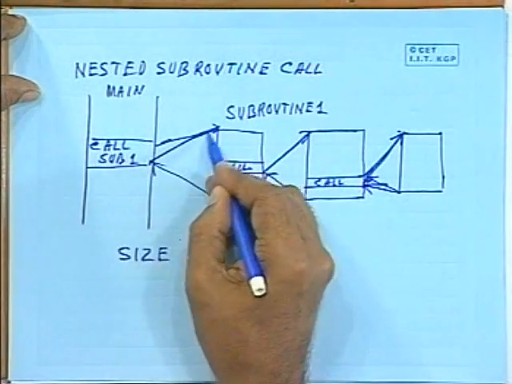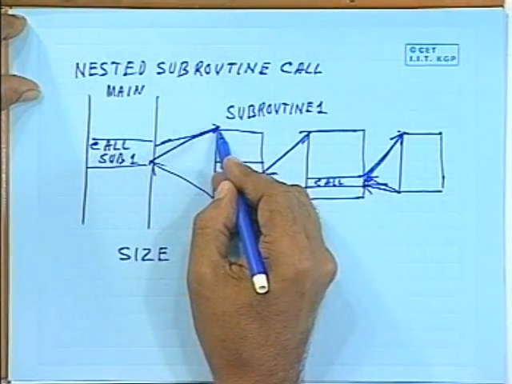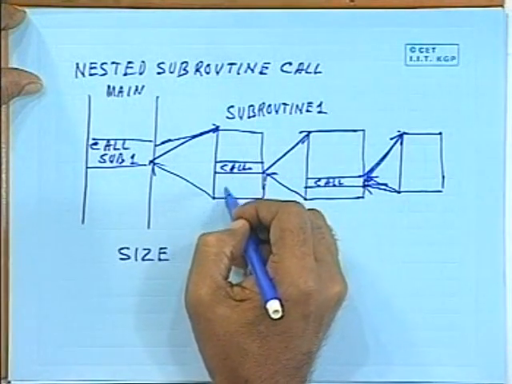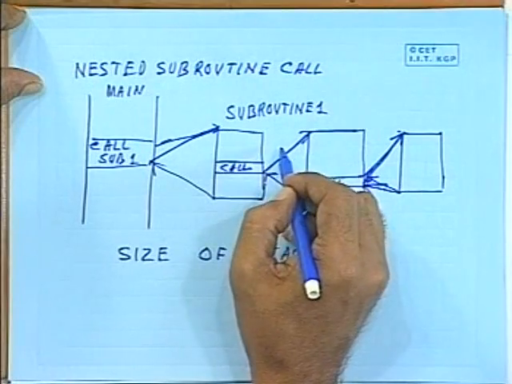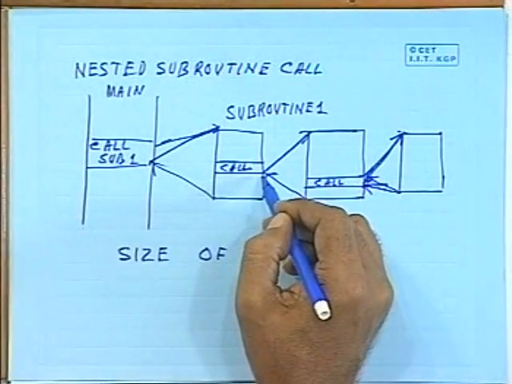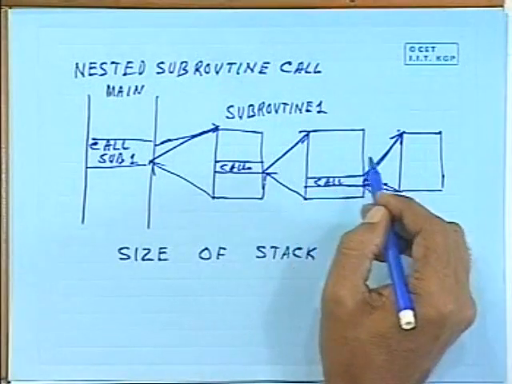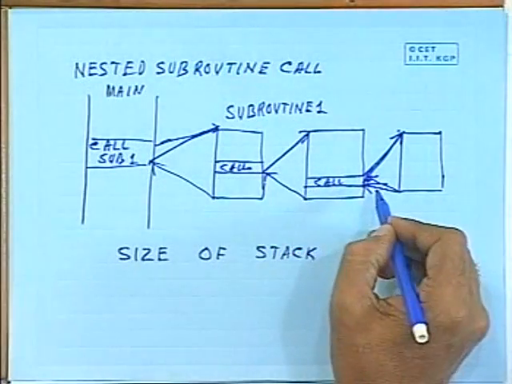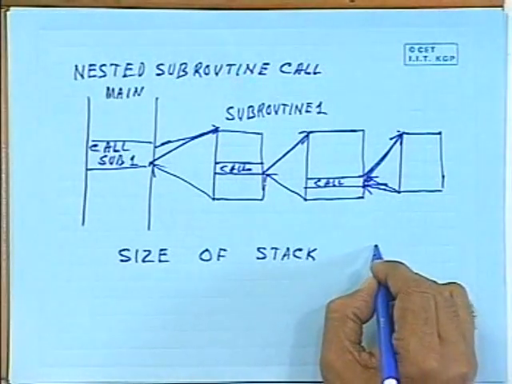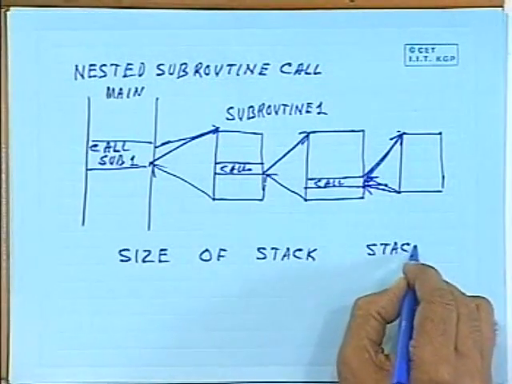Because each time you are calling a subroutine, you are pushing some data into the stack, and before you return, if you call another subroutine, obviously those parameters remain in the stack. So, in this way the stack gets more and more data pushed into it, and it may so happen that stack overflow can take place.